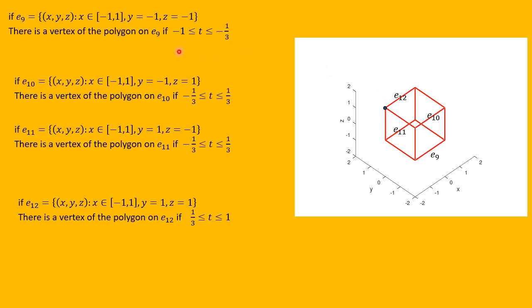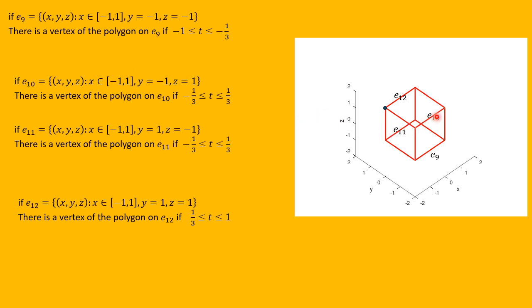And if we do that, what we find is for E sub 9, which is right here, when we intersect the cube and a plane perpendicular to that line L that we talked about at the point t, t, t on the line L, we will get a vertex of the intersection polygon on this edge E9 if t is between minus 1 and minus 1/3.